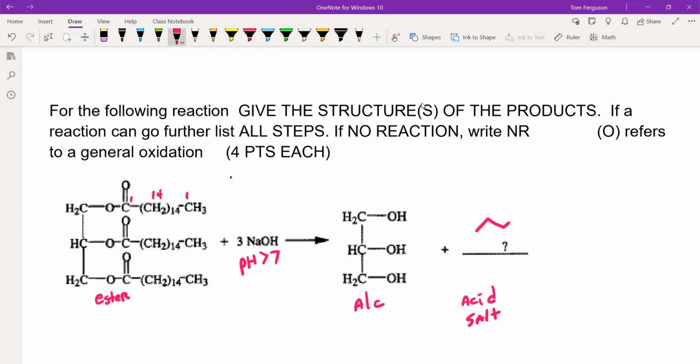We have one. This is a hexa... sodium hexadecanoate.